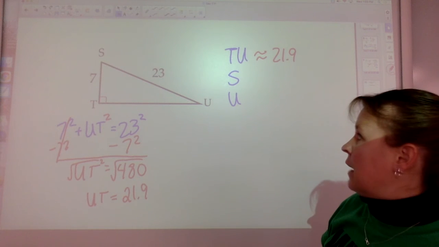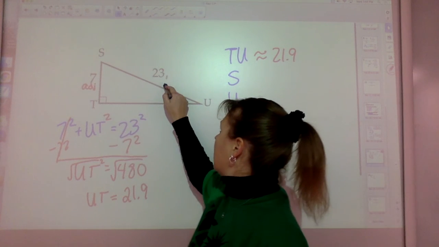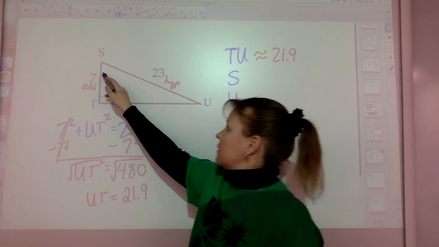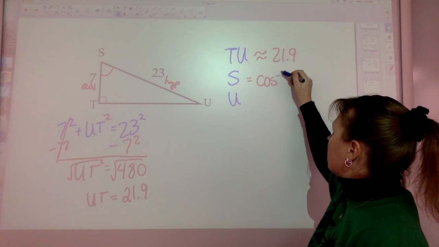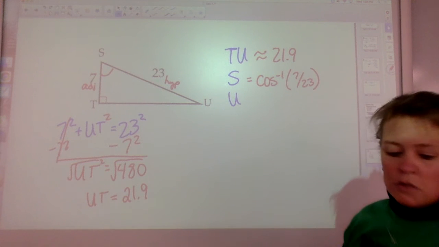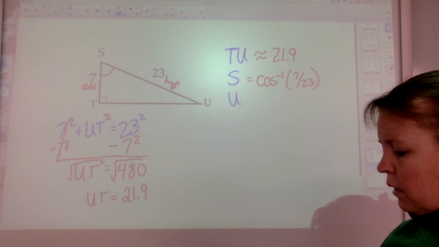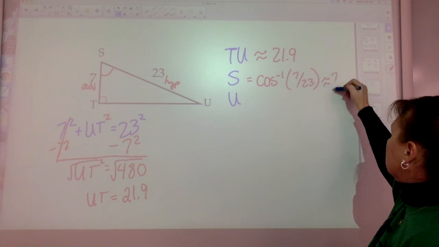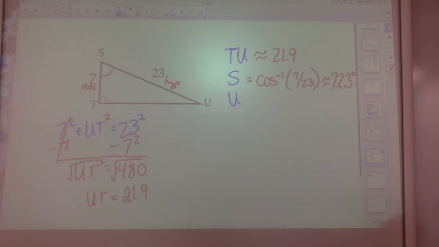Now we're going to find angle S, knowing that you have the adjacent side to angle S and you have the hypotenuse. To angle S, adjacent and hypotenuse is cosine. So we're going to do the inverse cosine of 7 over 23. Adjacent over hypotenuse, inverse cosine 7 over 23 is 72.3, approximately 72.3 degrees.